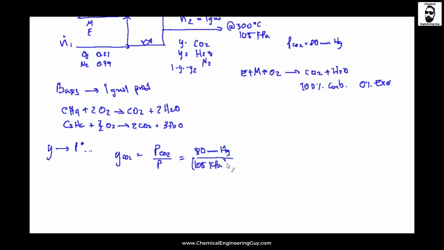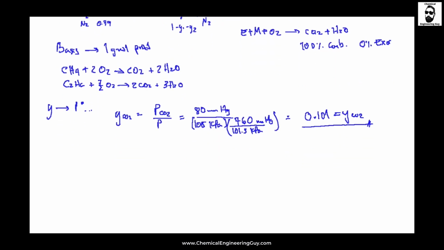I don't want kilopascals, and 101.3 kilopascals equal 760 millimeters of Hg. So doing this operation, I got this amount. This is my Y CO2 at the end. So it's essentially Y1.